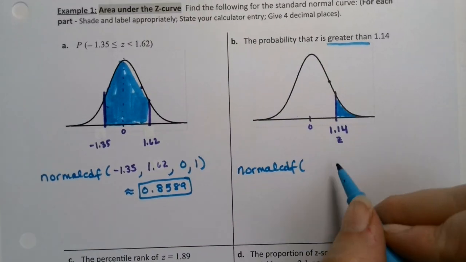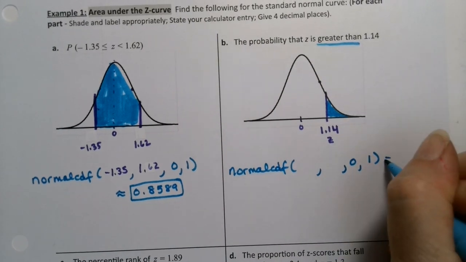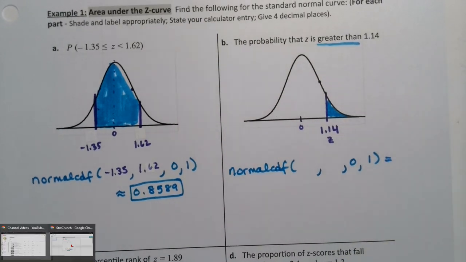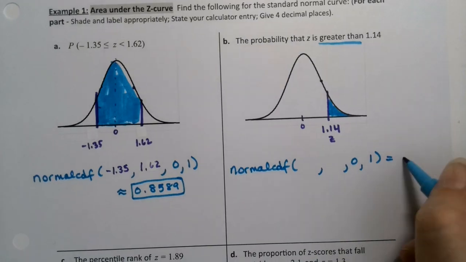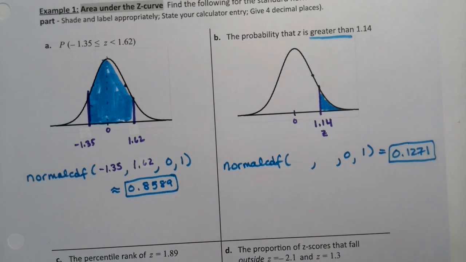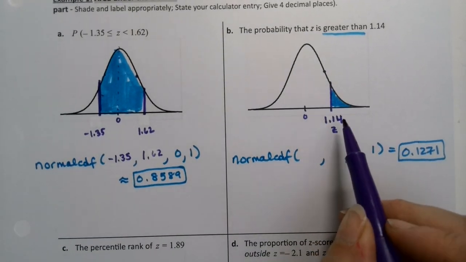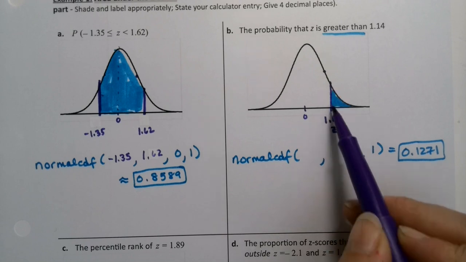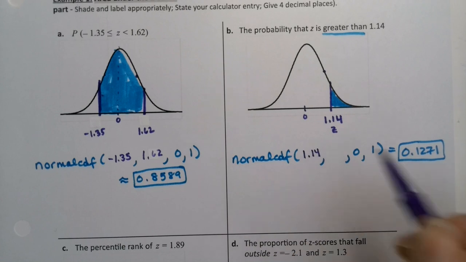All right, so normal CDF, lower, upper, 0, 1. And we actually know the answer now because StatCrunch told us it's 0.1271. And if you use StatCrunch, you don't have to show the calculator thing. That's your choice. But I just want to show people that if they want to use the calculator, this is what you do. The lower bound, the left-hand edge of what we shaded, is 1.14.